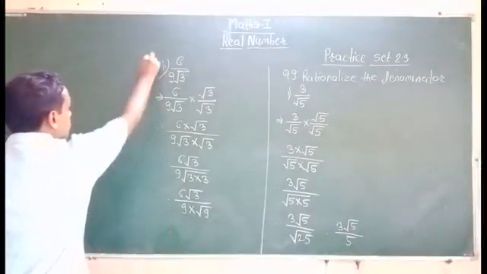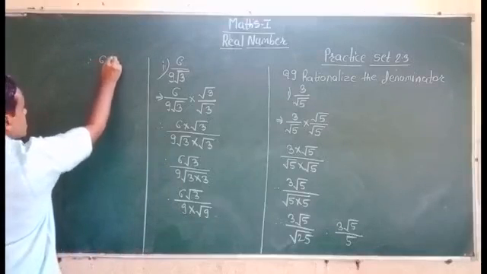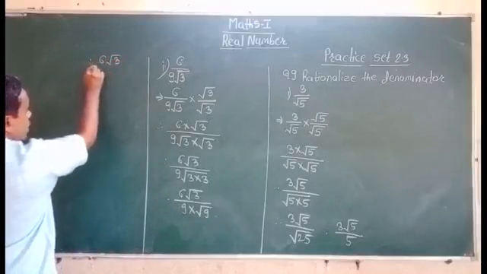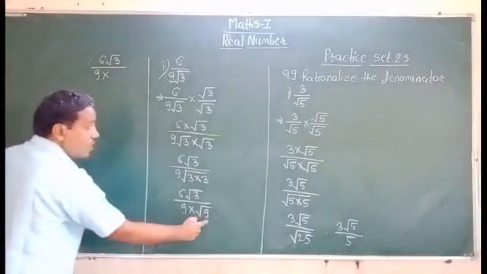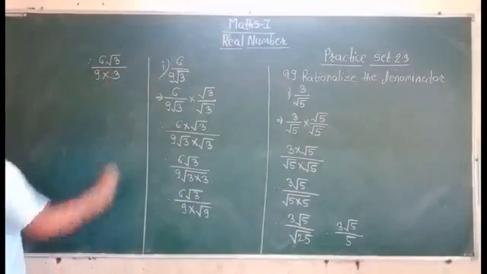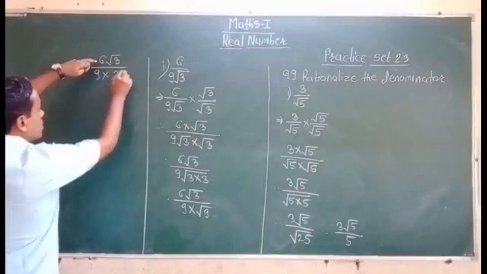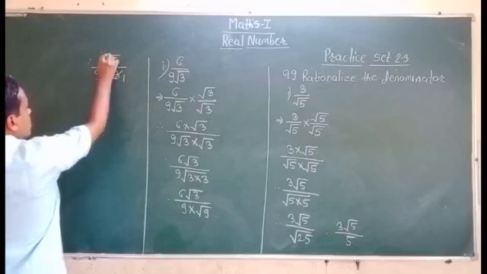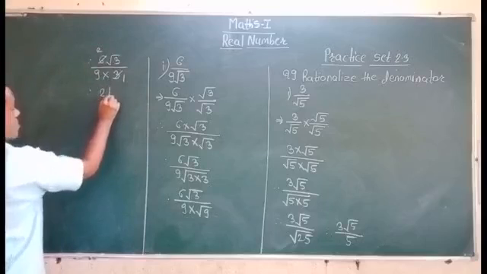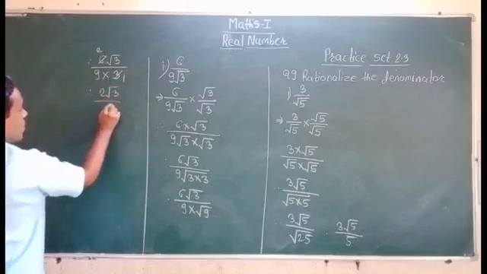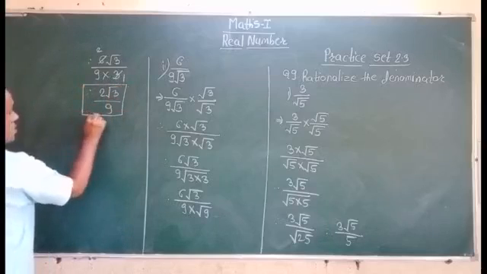So therefore 6 root 3 upon 9 into, what is the square root of 9? It is 3. So that 3 divides 6: 3 ones are 3, 3 twos are 6. Therefore 2 root 3 upon 9 is the final answer.